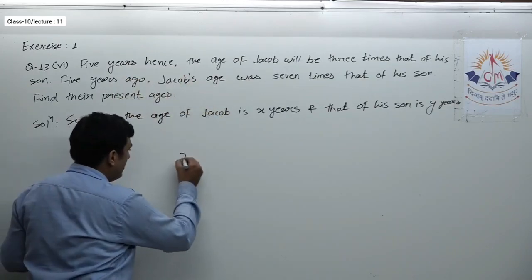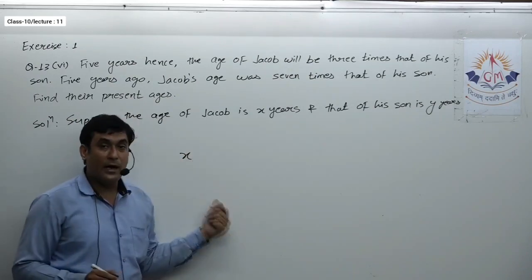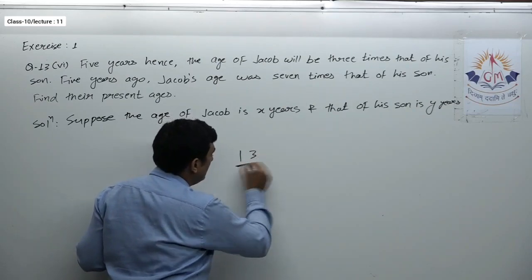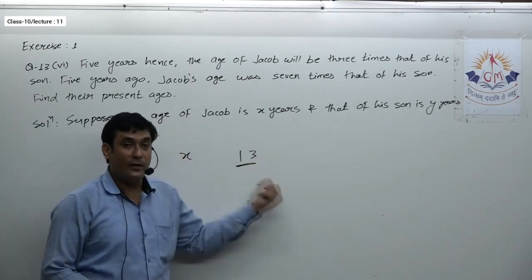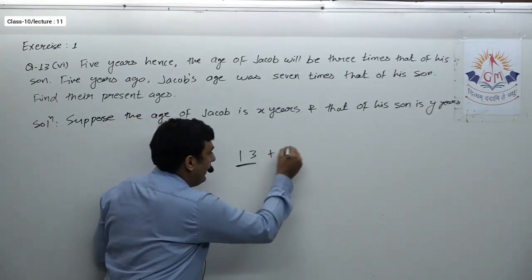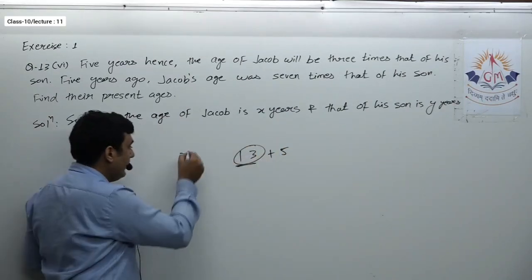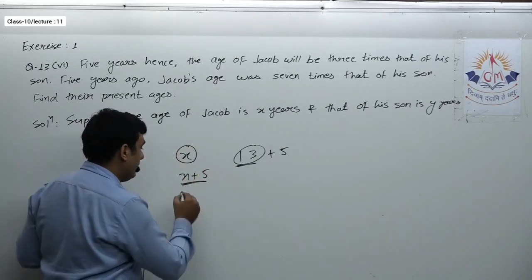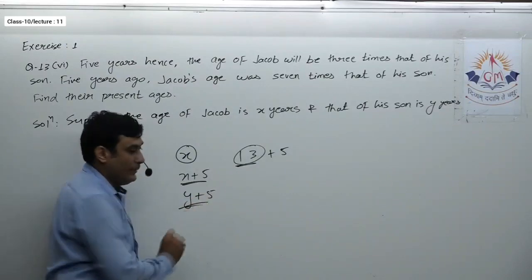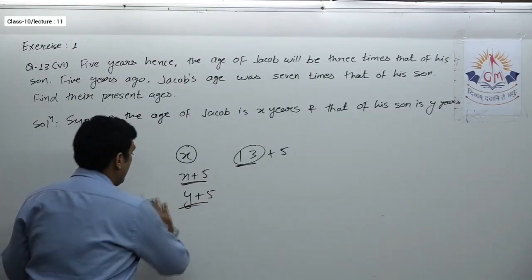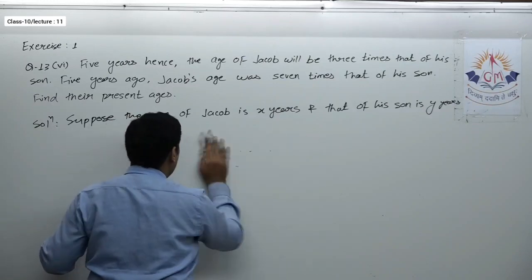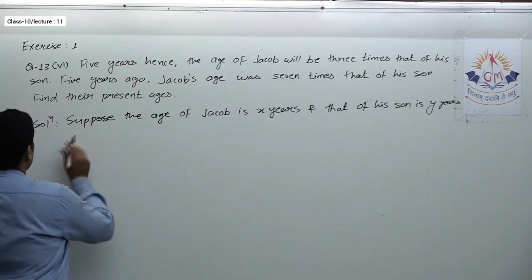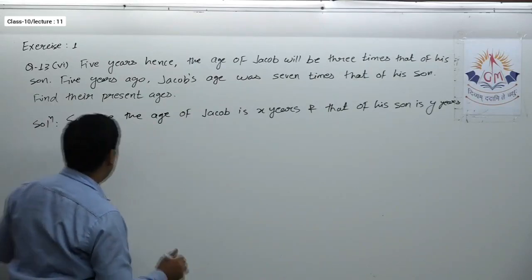So if the present age is X, what will be the age after 5 years? For example, if your present age is 13 years, what will be your age after 5 years? We have to add 5. Similarly, if the present age is X, the age after 5 years will be X plus 5. And if the present age is Y, after 5 years it will be Y plus 5.